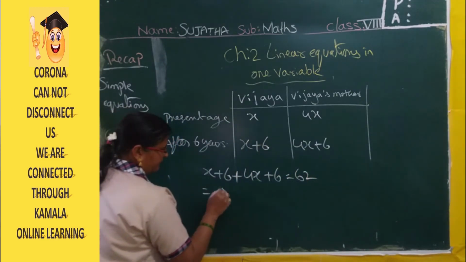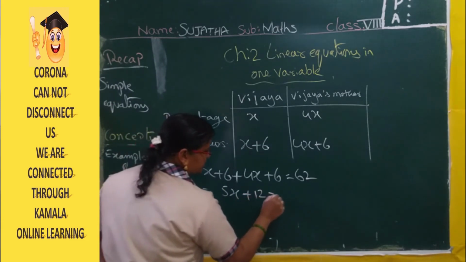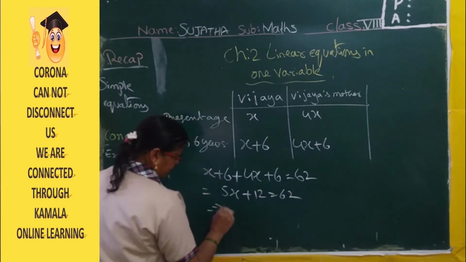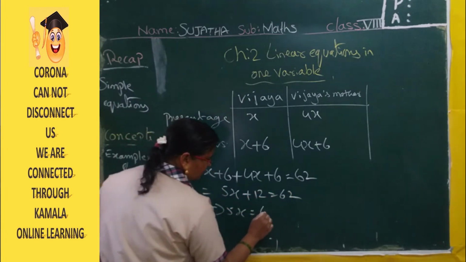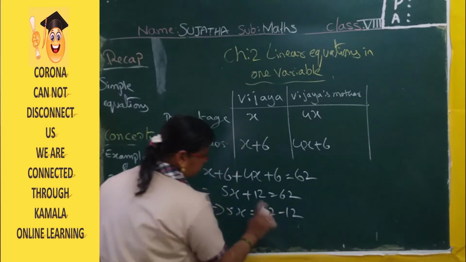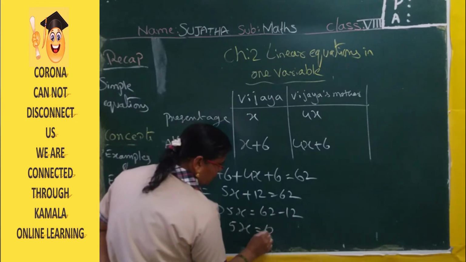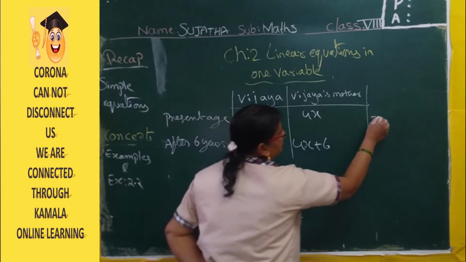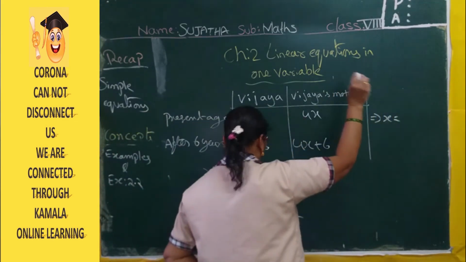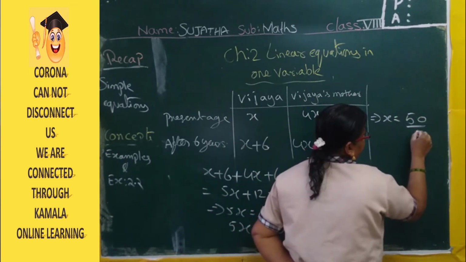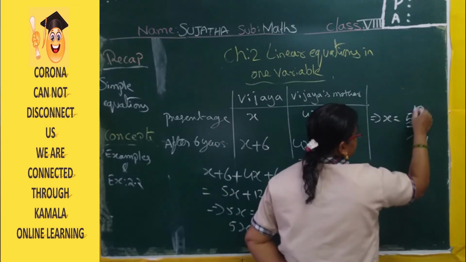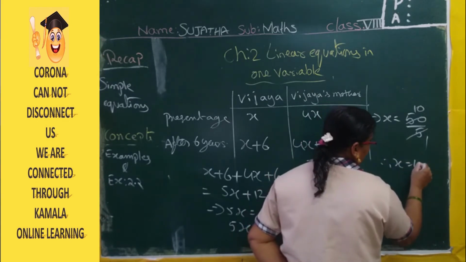So 5x plus 12 is equal to 62. It implies 5x is equal to 62 minus 12. This plus 12 will go that side, minus 12. Now 5x is equal to 50. Now it implies x is equal to 50 by 5. 5 tens are 50. Therefore, x is equal to 10.